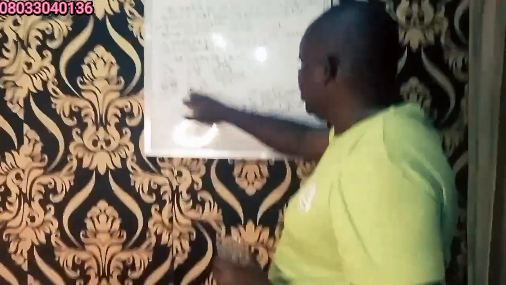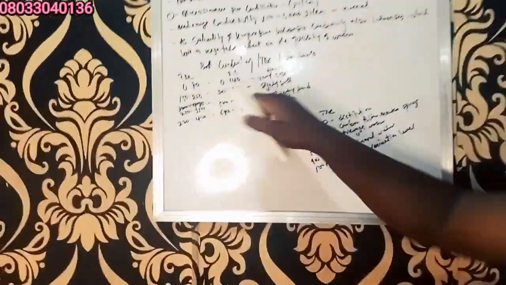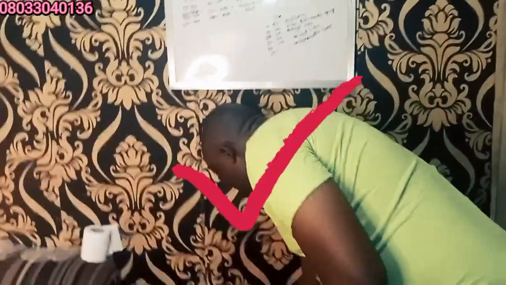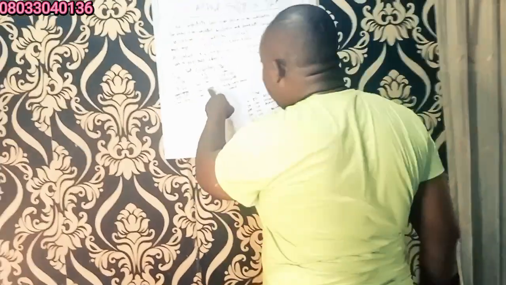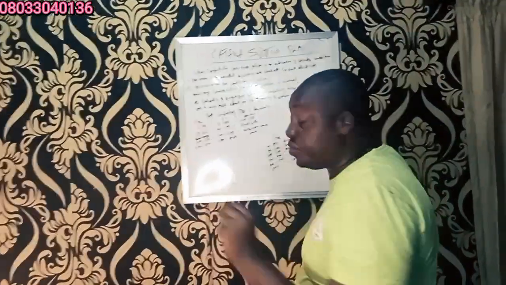Looking at the 294 here, it still falls between the ranges of soft water. I will still match it up for you, telling me I have this still soft water.